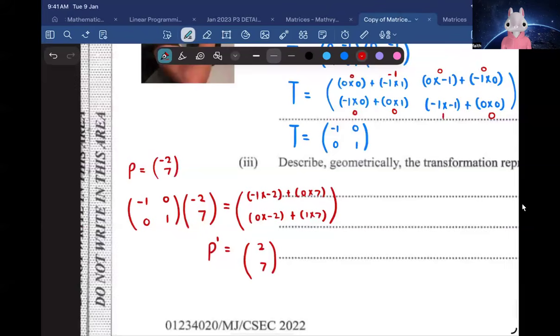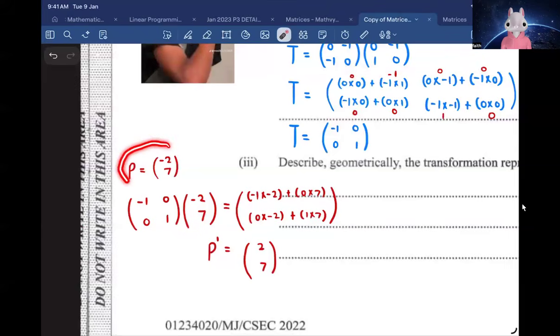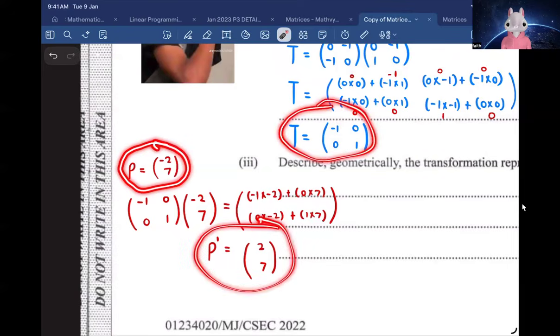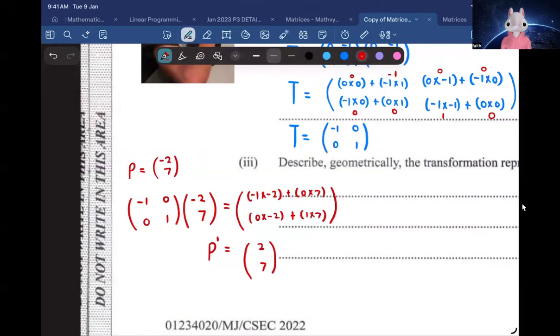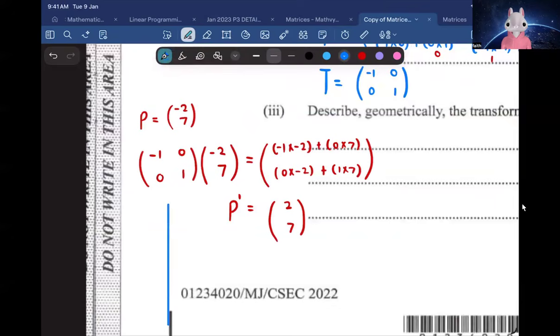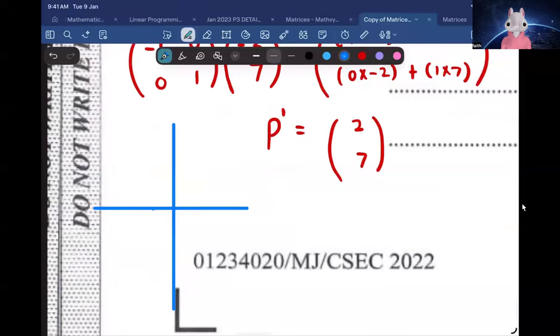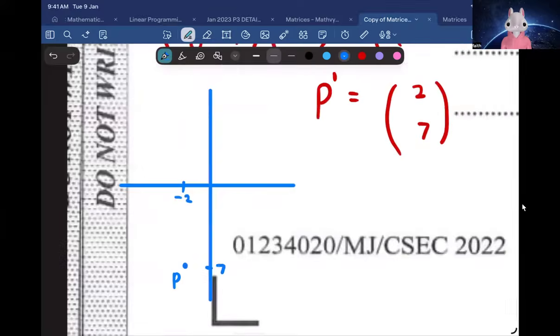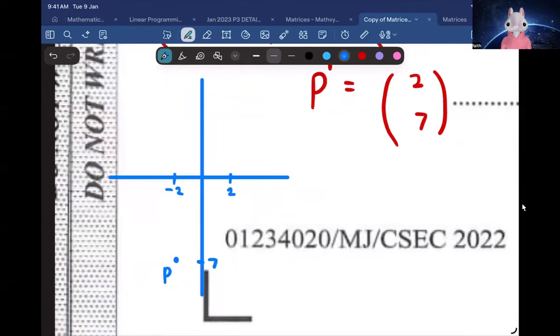So let me explain what happened. I came up with a random point. This is just a test point. I want to see what this does to it. And so now I could do a little sketch on a graph. -2, 7 would be somewhere over here, and 2, 7 would be somewhere over here.